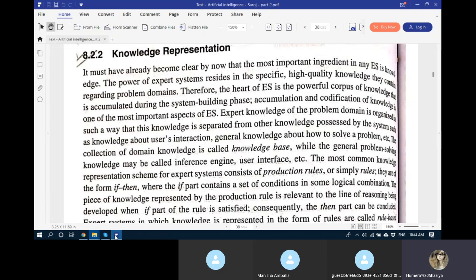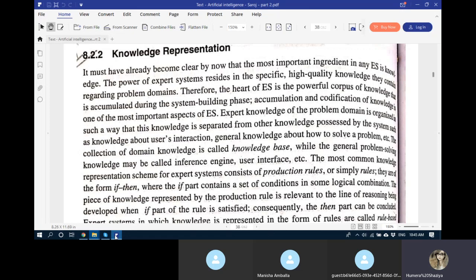It is mentioned here that the collection of domain knowledge is called a knowledge base. Domain knowledge means, for instance in cardiology, all the information related to heart diseases, which a knowledge engineer has extracted by asking a domain expert, who is a cardiologist in this case.